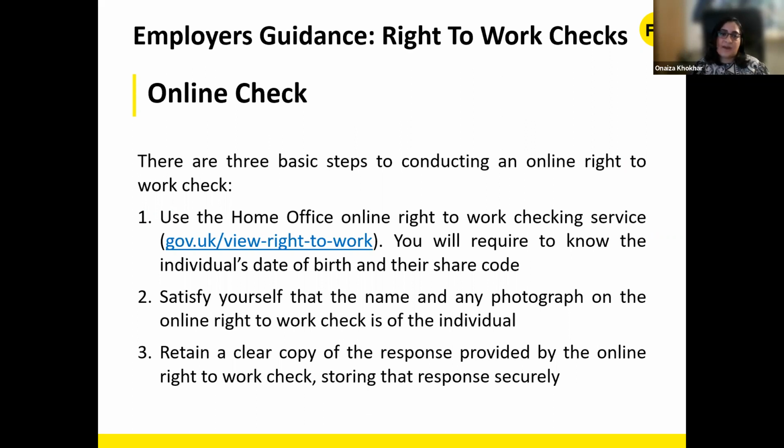However, if you have an employee who's unsure on how to obtain it, then you can feel free to point them in my direction. I'll be happy to guide them on how to access their share code, and it's not something I would charge for. It was a simple question. Again, you must ensure that you only employ or continue to employ an existing employee if an online check confirms that they are entitled to do the work in question.